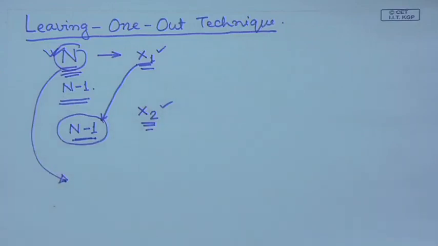Now, this can be slightly relaxed. Instead of every time leaving one sample, I can set aside 10% of the samples, design the classifier using the remaining 90% of the samples, and test this classifier using the 10% samples which were set aside. So, every time I set aside 10%, and using the remaining 90% I design the classifier and test it with this 10%.